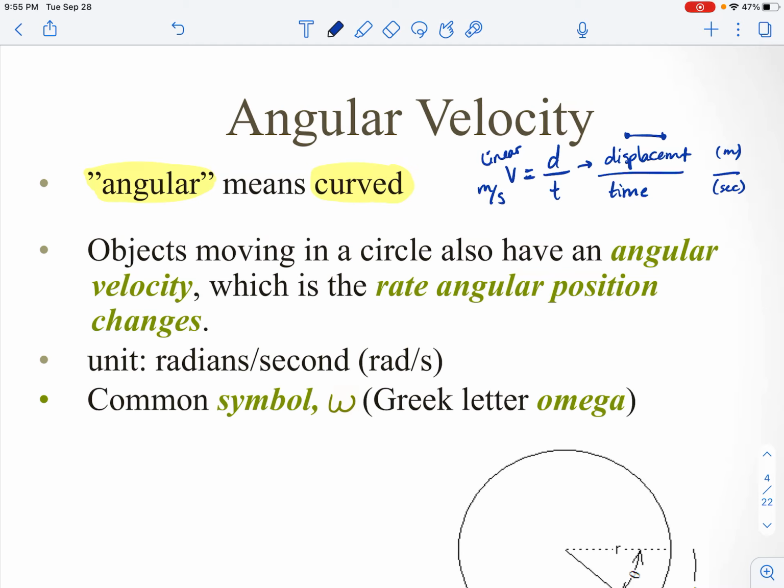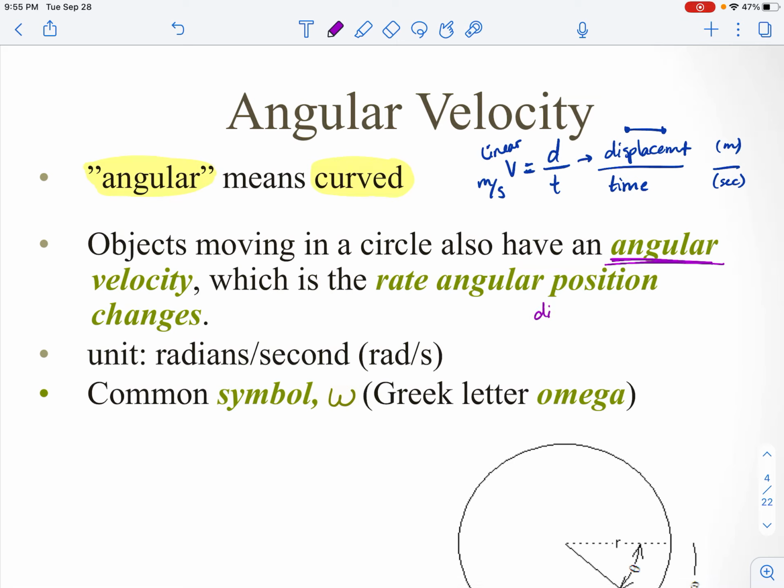When we see the word angular, now we need to think about this is no longer going to be a straight line, that this is now going to be a curved path. So this numerator of displacement would now more accurately be described as angular displacement.